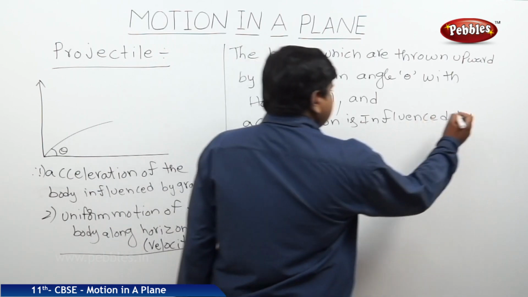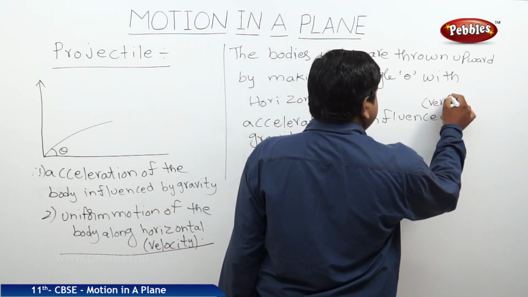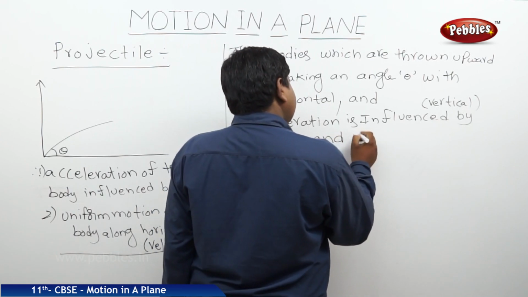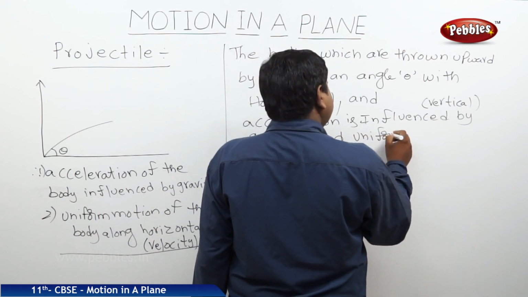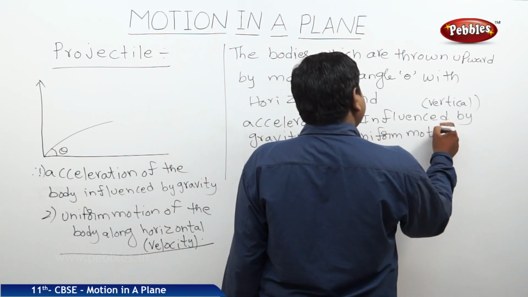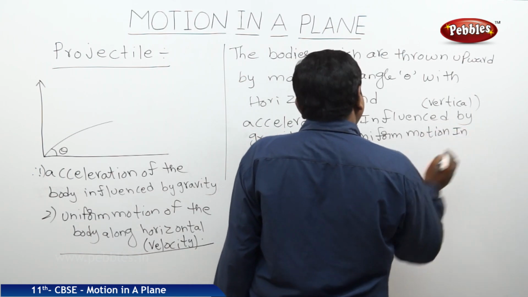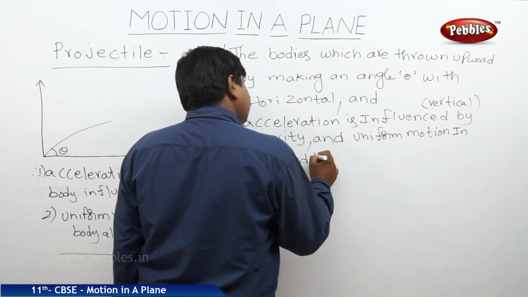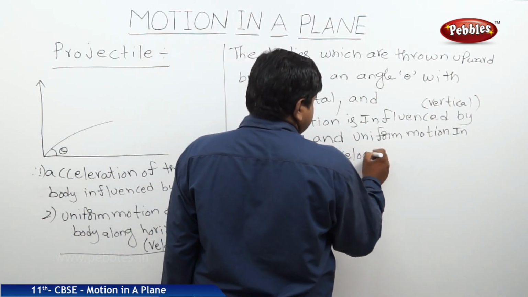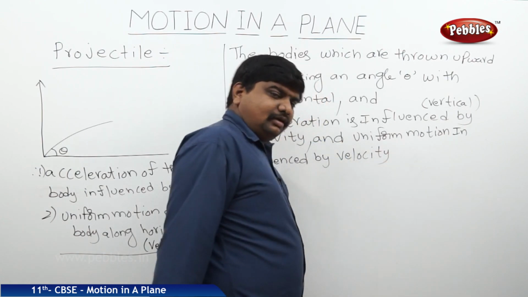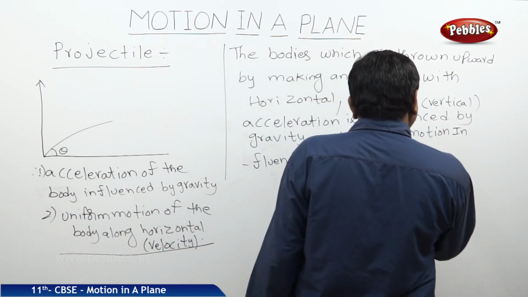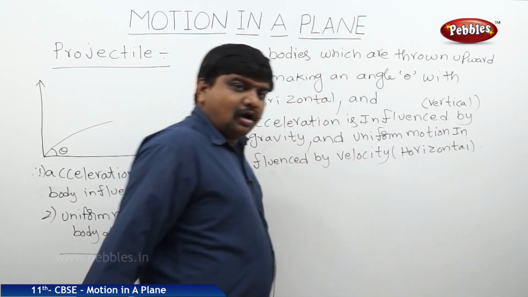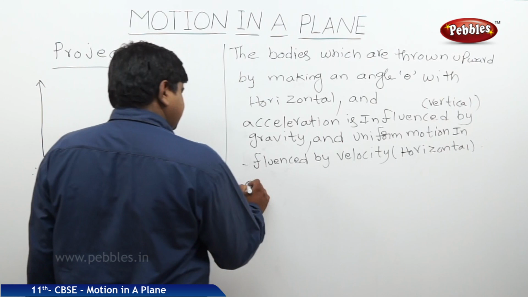This acceleration is influenced along the vertical direction, and uniform motion influenced by velocity in the horizontal direction, are called projectiles.